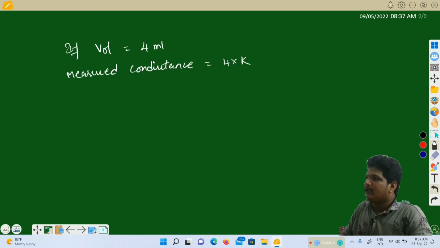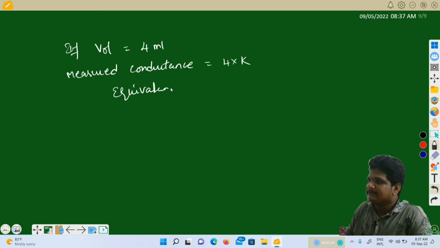So the total conductance, the equivalent conductance lambda V, is equal to kappa into 4.